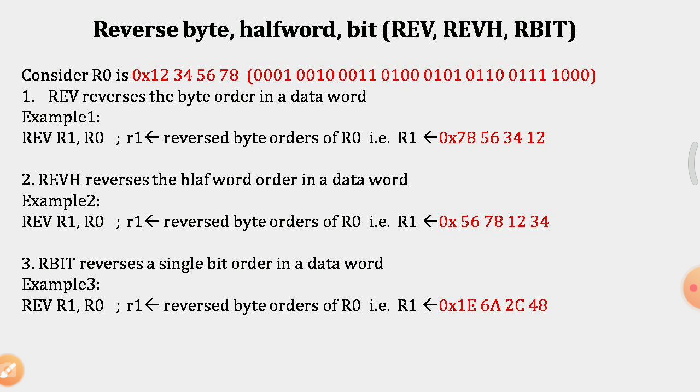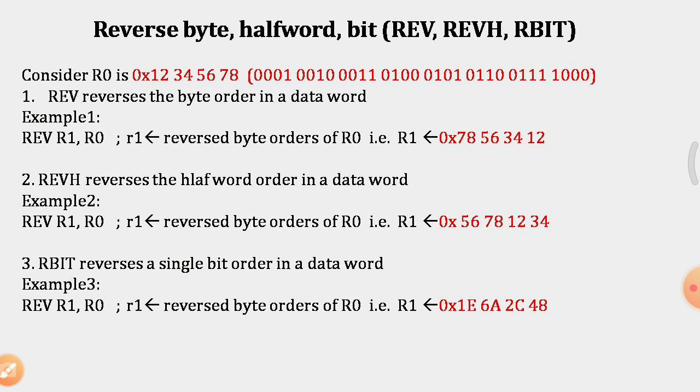Consider R0 is 0x12345678, a 32-bit number. Even the binary value of this number has been written in the bracket. Let's go for the first one, REV, which reverses a byte order in a data word. So single data in a single register, it is going to change the byte orders.